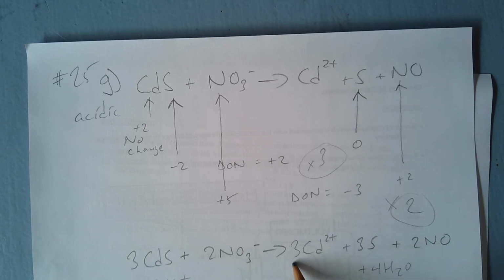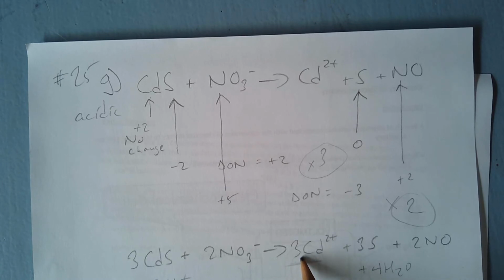This cadmium here, even though it's not involved, we have to multiply by 3 because we put the 3 in front of the sulfur. That changes the cadmium to 3 of them, so we have to put a 3 there.